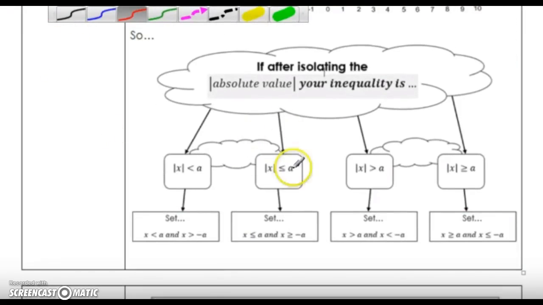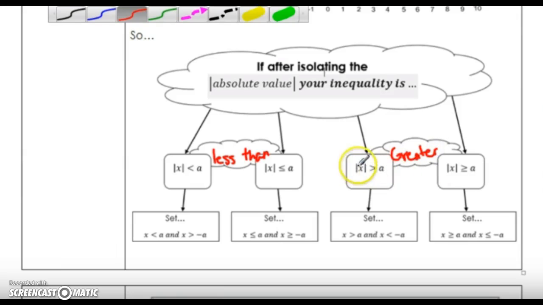So here it is, organized in a chart, and we can see that the absolute value less than is going to be connected. So think of less as coming together in the middle there. And then greater, they're seeking the greater sides. They're going to the extremes.